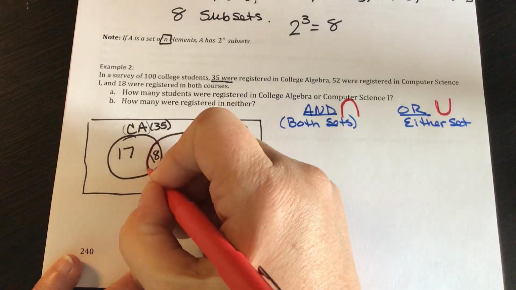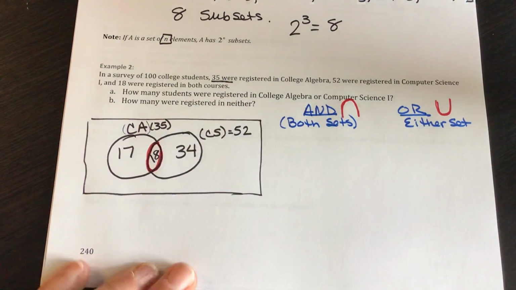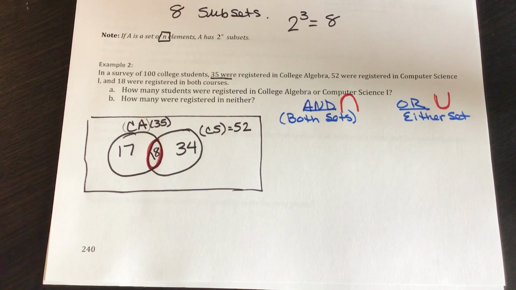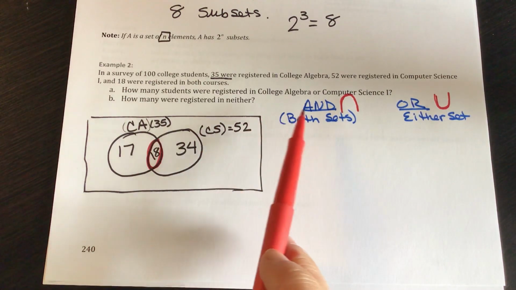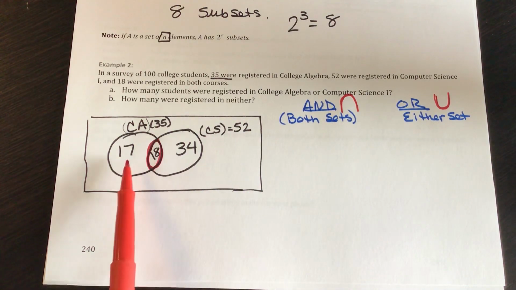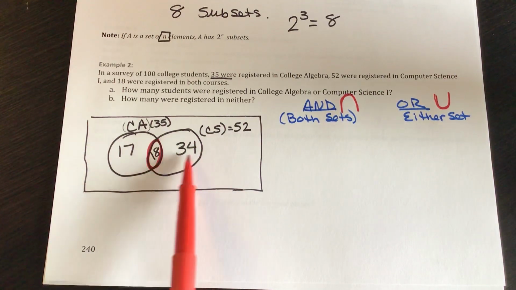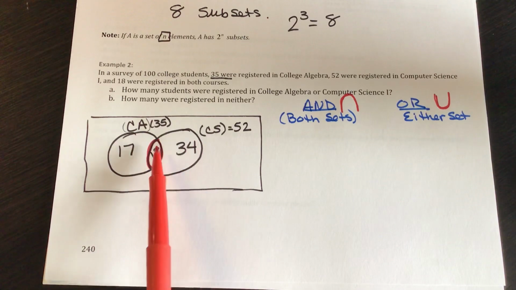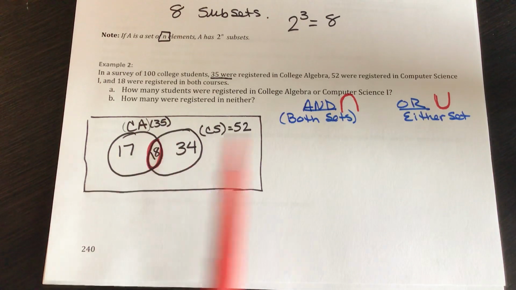So the intersection is right here. Now, if I'm counting how many students were in college algebra or computer science, I can add the students that were just in college algebra, the students that were just in computer science, and then I can count the overlap, the number that are in both.